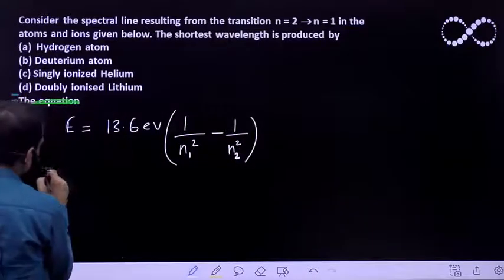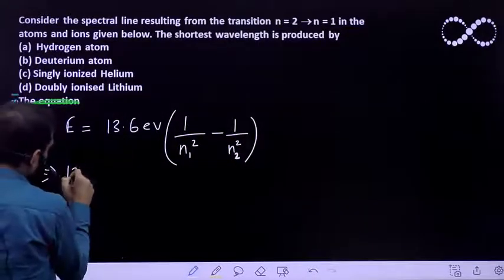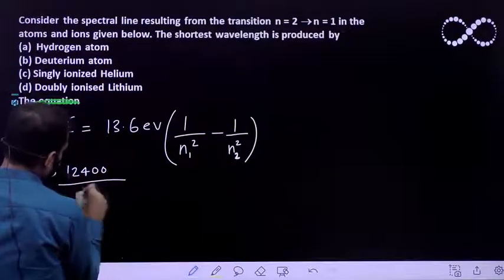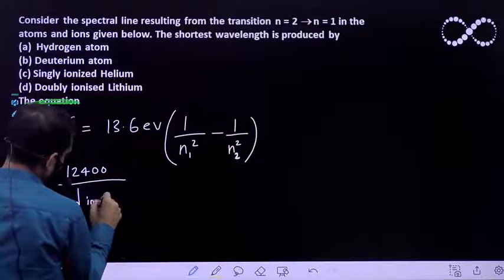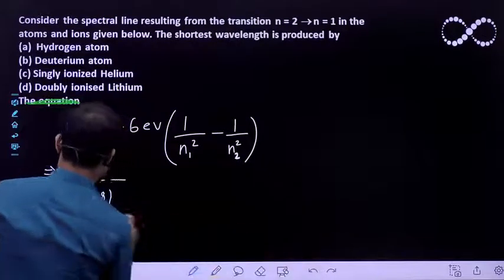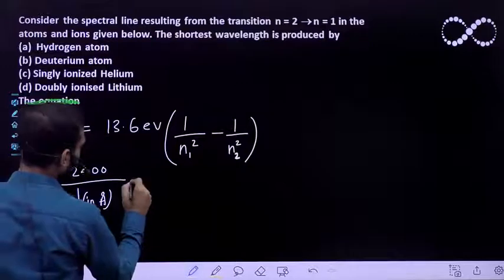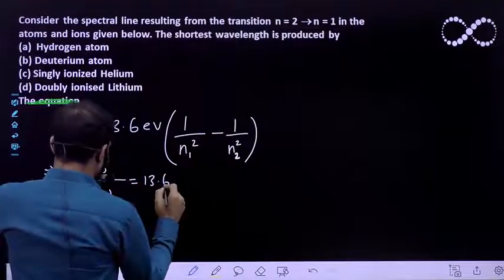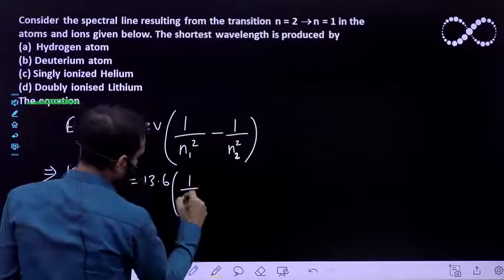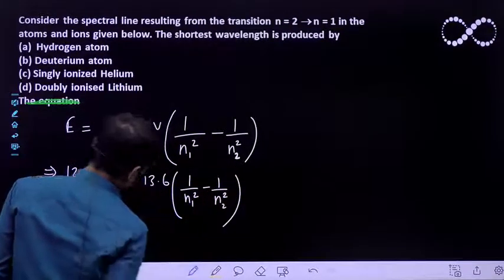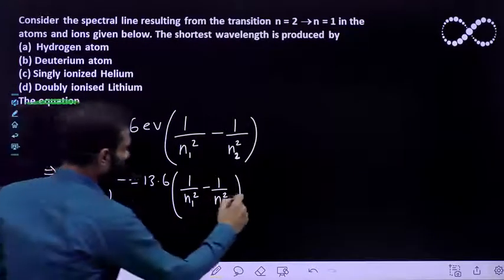So from here I can write energy as 12400 upon lambda in angstrom, which is equal to 13.6 (1 upon n1 square minus 1 upon n2 square). So you know the formula.